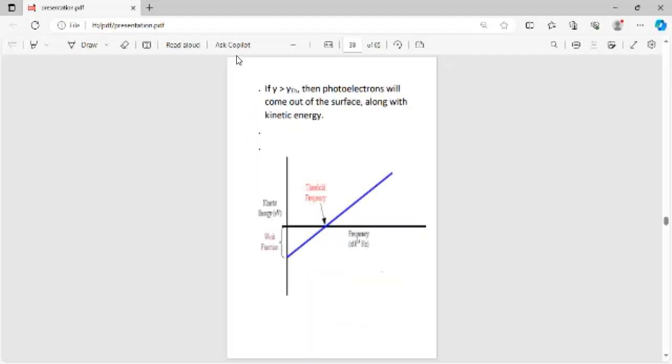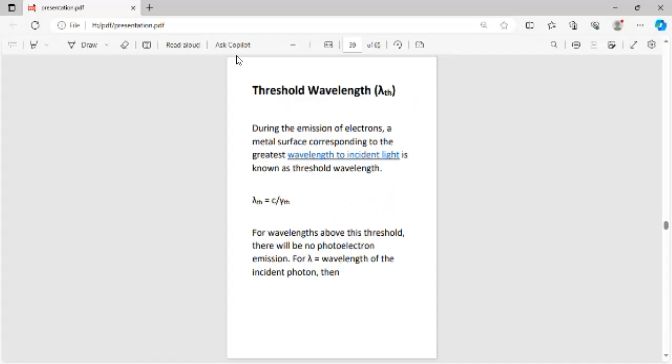It is because all the energy is used to break the bond between the electron and the matter. If the frequency is greater than the threshold frequency, then photoelectrons will be emitted and the photoelectric effect would occur. Threshold wavelength is the maximum value of wavelength at which the photoelectric effect would occur. For wavelengths above this threshold, there would be no photoelectrons emitted.